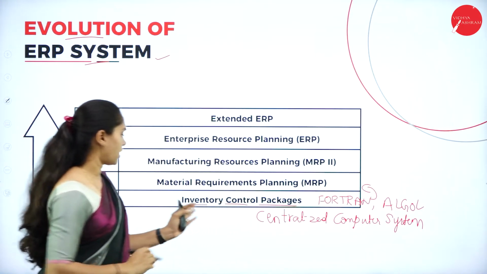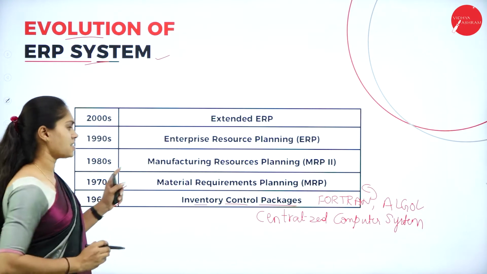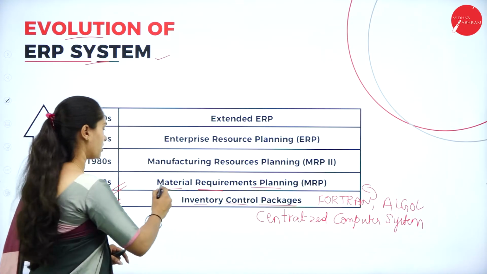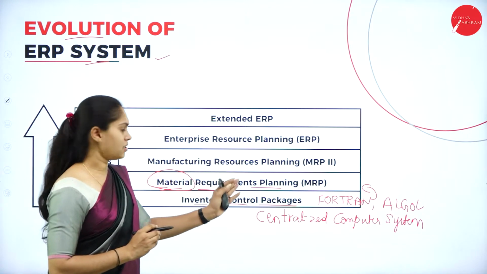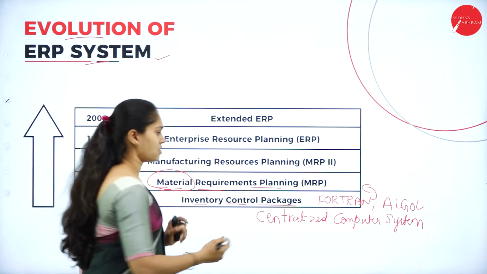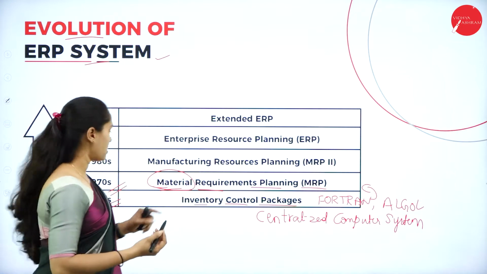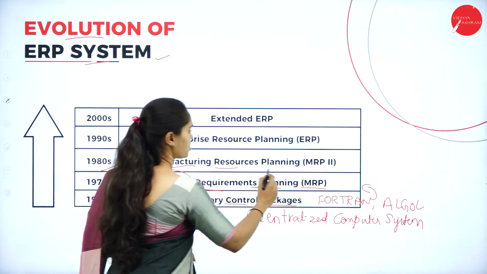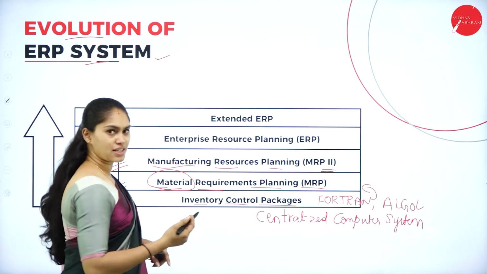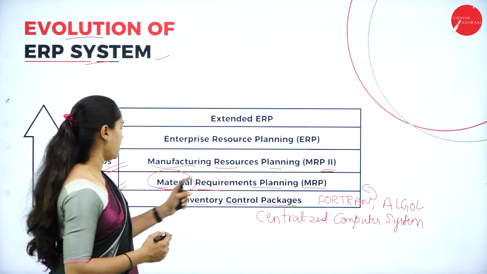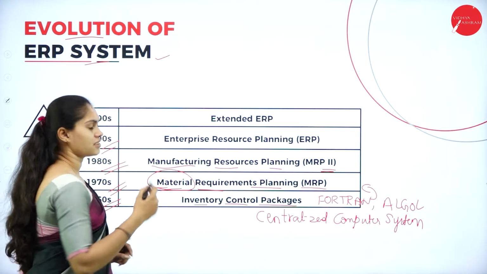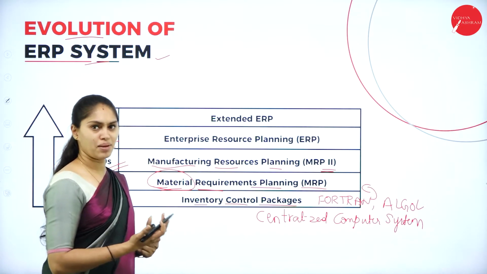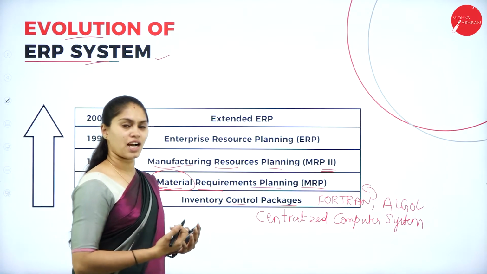After the 1960s, in the 1970s, they started with material requirement planning. Their main concern was the material required for planning, which is considered as MRP. In the 1980s, they moved to manufacturing resource planning, part 2, an enhanced version of MRP. And in the 1990s, they started collaborating new technologies and features like implementing, testing, resource management, accounting, finance.